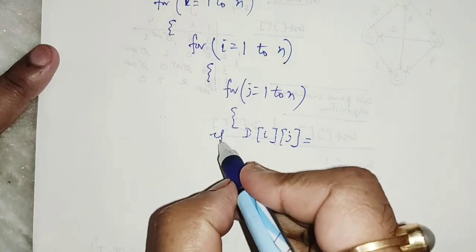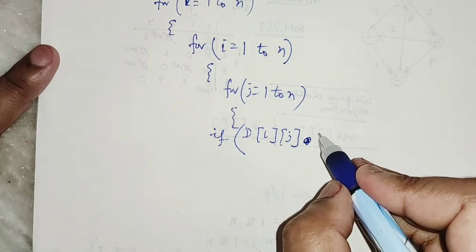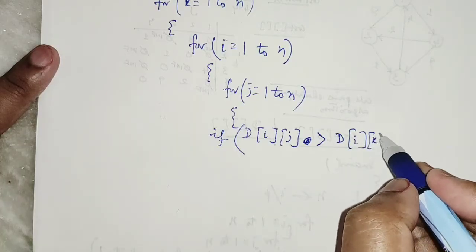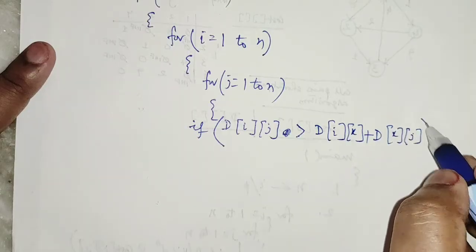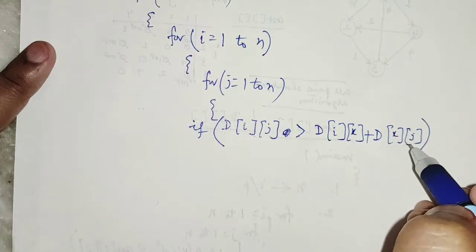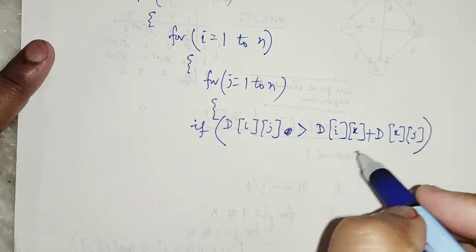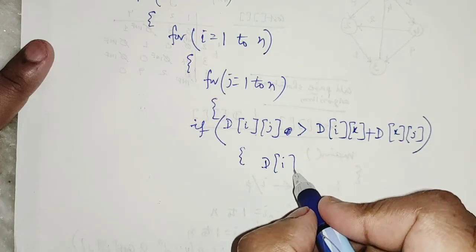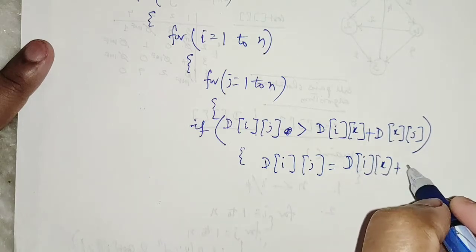The minimum is implemented using if: if D of ij is found greater than D of ik plus D of kj, then that is the lesser one, so D of ij is equal to D of ik plus D of kj.